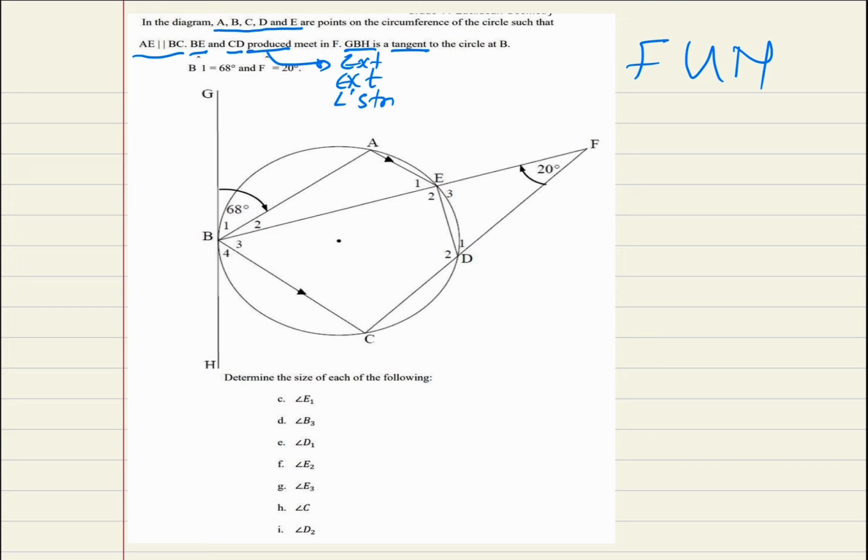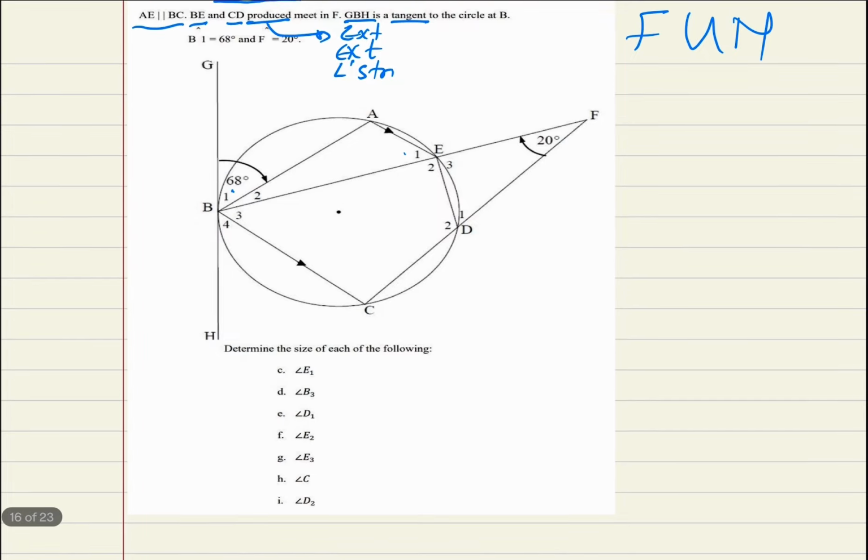So that means also AE1 is 68 degrees. Why? That's the tan chord theorem. Okay. Then B3. Where is B3? Oh, here is B3.